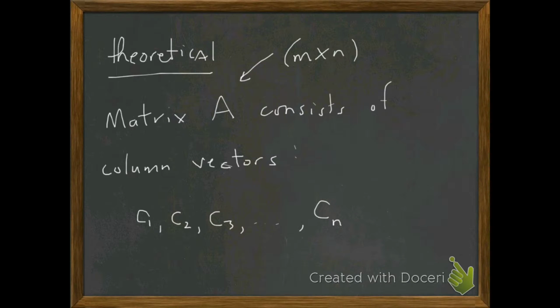So guys, A is an M by N matrix, M rows and N columns.